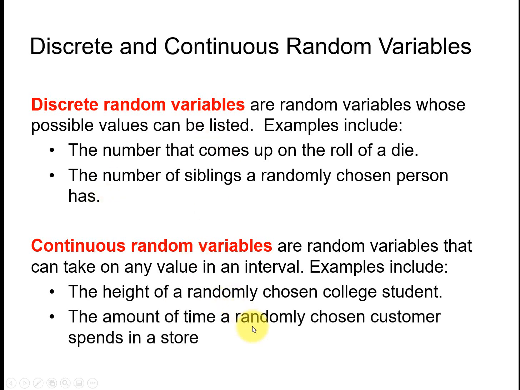And then the amount of time a randomly chosen customer spends in the store. They could be there for 8 minutes and 37 seconds, or 15 minutes and 32 seconds, or 25 minutes and 12 seconds. You can see it's continuous, not just the integer 25 or 15 or 10.